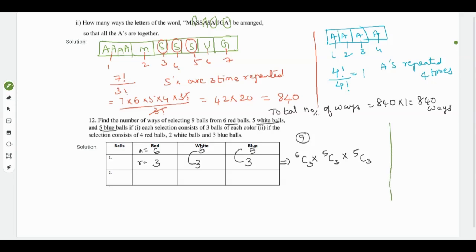So 6C3 will be 6 into 5 into 4. Since we have 3 here, we should write 3 terms in the numerator, divided by 3 factorial, which is 3 into 2 into 1. So 3 twos are 6 and 6 cancel. 5 fours are 20. So the first one is 20.